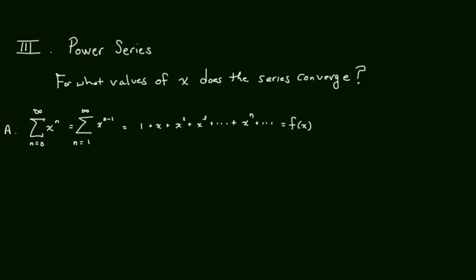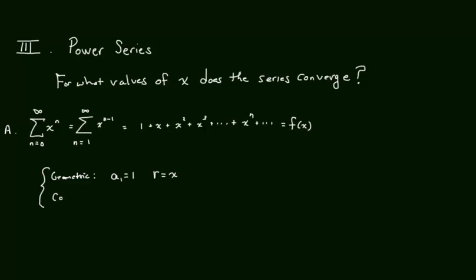Well, I hope that you can see that this is a geometric series. It's geometric, and the first term of the series, a1, is equal to 1, and the common ratio is the variable x.